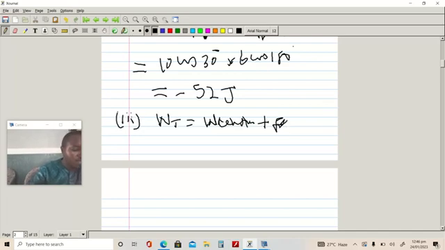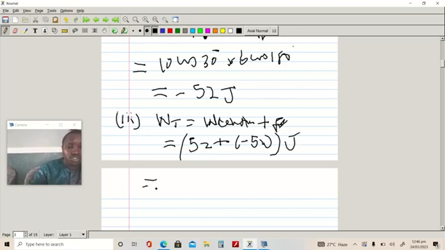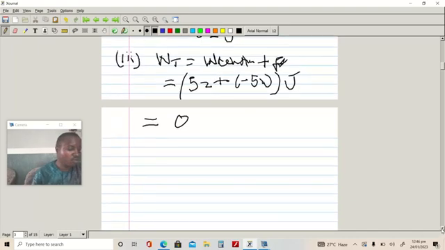So it's going to be 52 plus minus 52, everything in joules. Then of course it's going to be 0. So the answer is 0 for the total work done.